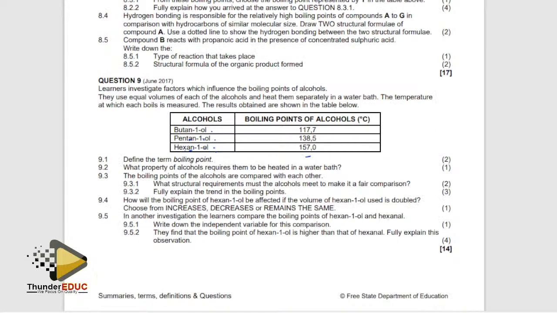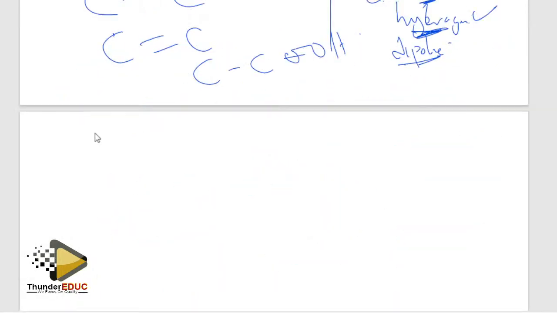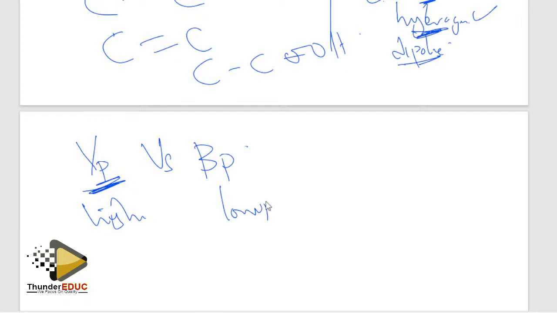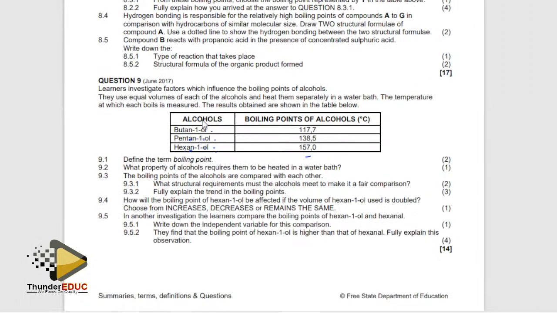How does vapor pressure relate to the boiling point? The higher the vapor pressure, the lower the boiling point. You understand? You must know that. But now, if I have a compound like this, this compound has a lower boiling point. This one has a higher boiling point.